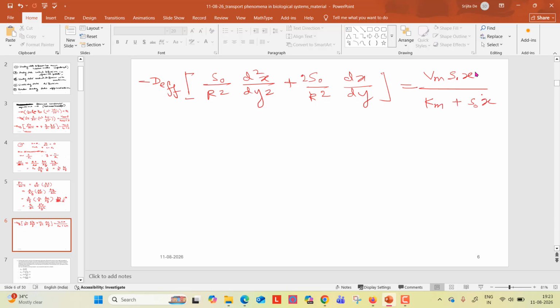Now we are dividing the whole equation, right hand side and left hand side, by minus D effective s0 by r squared.